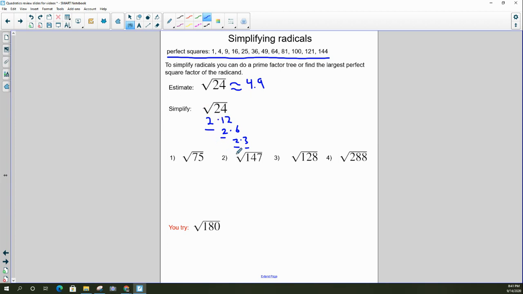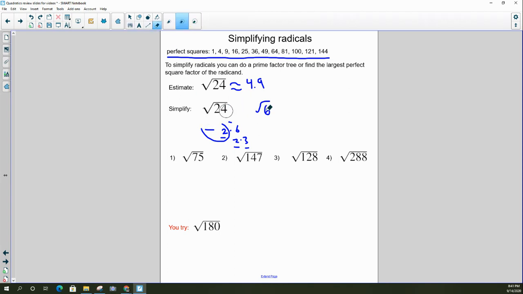If there's any doubles, that number is going to come out in front and all the singles will stay inside the radical. So I could take this, that's a double, and that means there's going to be a 2 on the outside. And on the inside will be the rest of the prime numbers multiplied up. So 2 times 3 is 6. So the square root of 24 simplifies down to 2 rad 6.